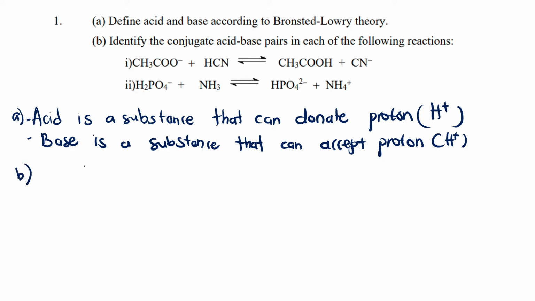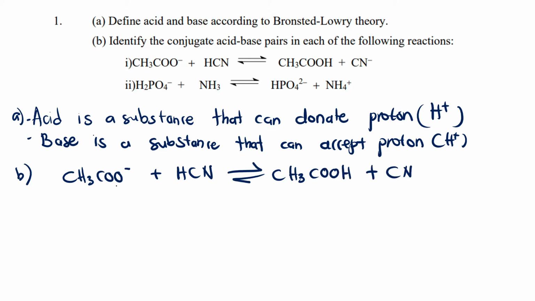Question B, identify the conjugate acid base pairs in each of the following. Looking at B1, CH3COO minus plus HCN.